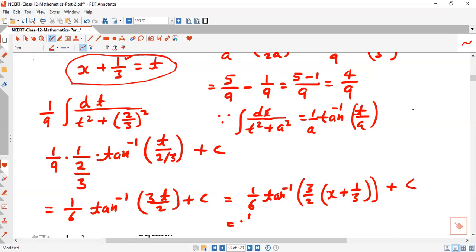If you open the bracket and simplify this one, tan inverse of 3x by 2, 3 by 2 x, and this 3 cancels out, you can say plus 1 by 2. This is the answer of this question.